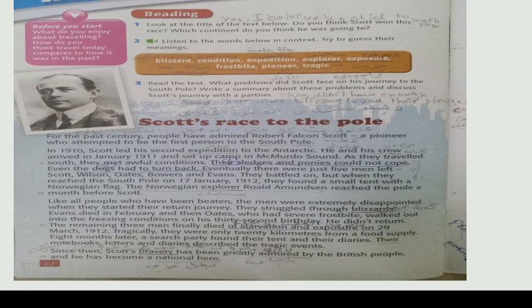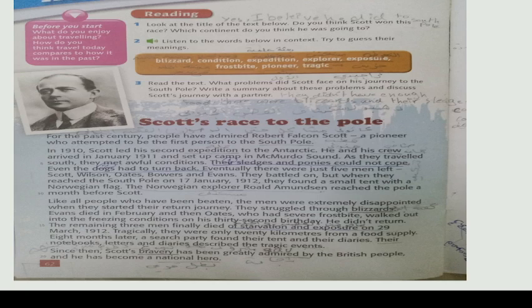The question says here, read the text. What problems did Scott face on his journey to the South Pole? If you look at this picture, you can see a person, this is Scott, and he traveled to the South Pole. He was the explorer, or he thinks that he was the first person to travel to the South Pole.